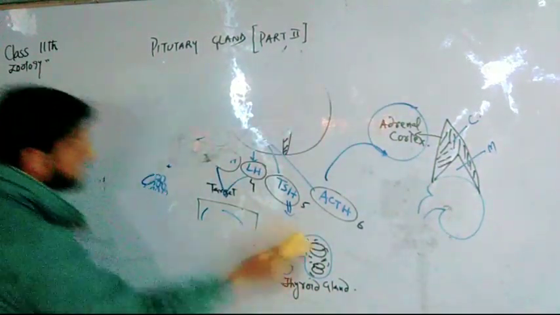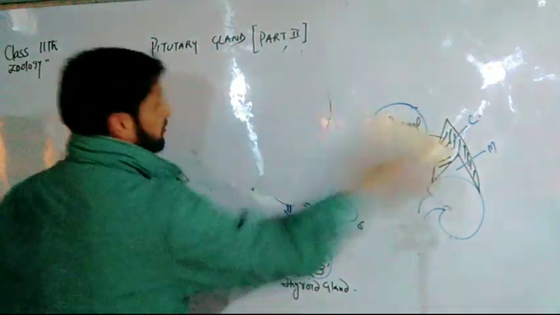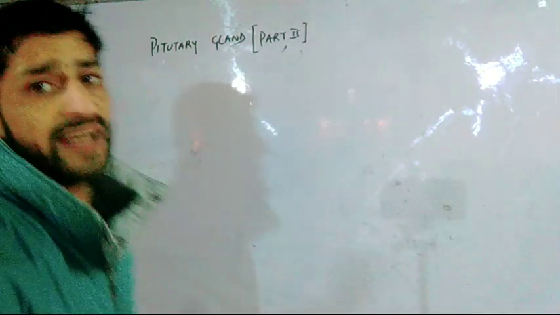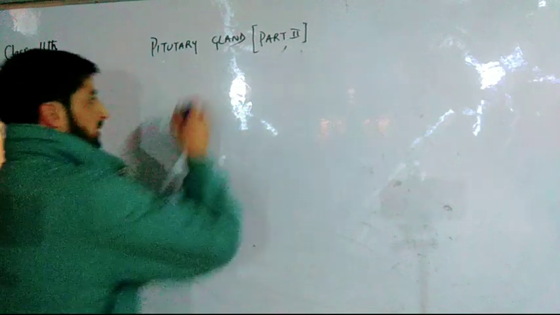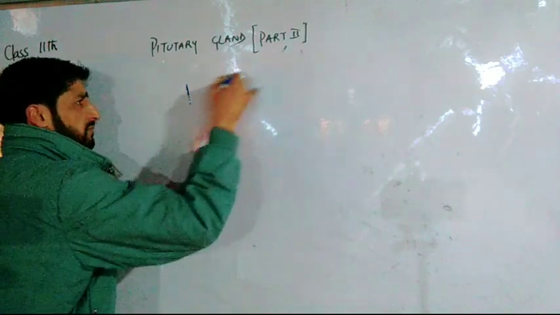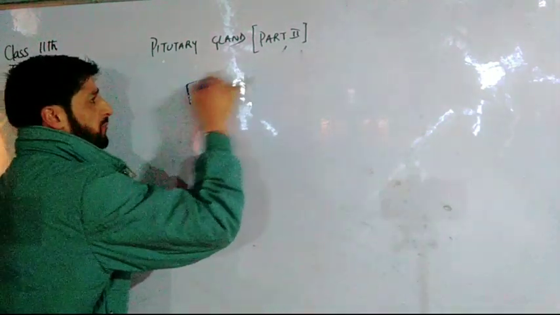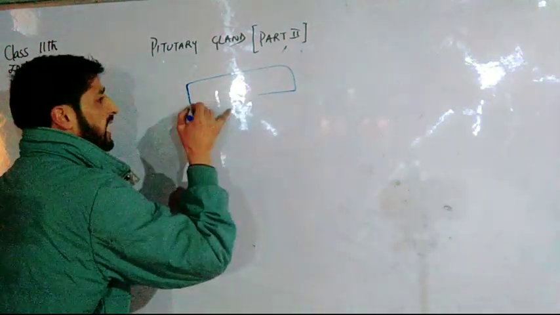We have studied all the hormones of the pituitary gland, but right now we are dealing with the basics. Once the basics are over, then we will go through each and every hormone in detail. Now, we are studying this structure. Let us suppose this is your hypothalamus.